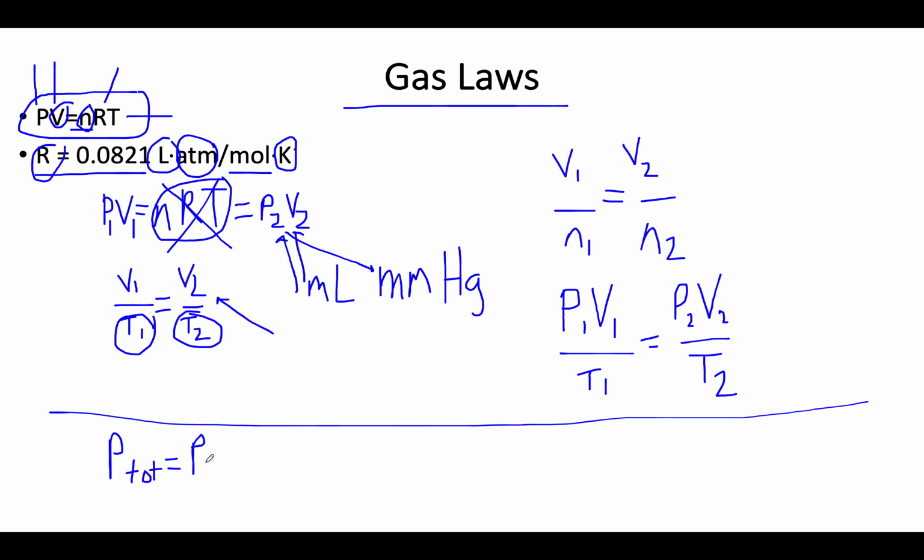What I'm showing you now is a mixture. This is a mixture of gas A and B, and as long as the units are the same, again, could be atmospheres, could be millimeters of mercury, you can add up the pressures of the mixture. So A pressure plus B pressure will equal the total pressure here.